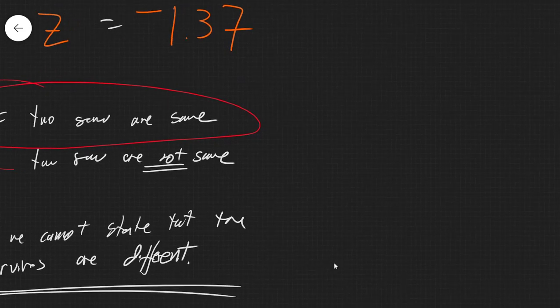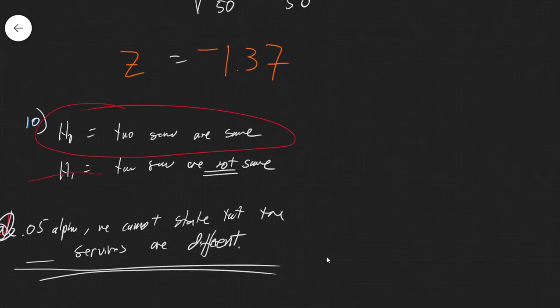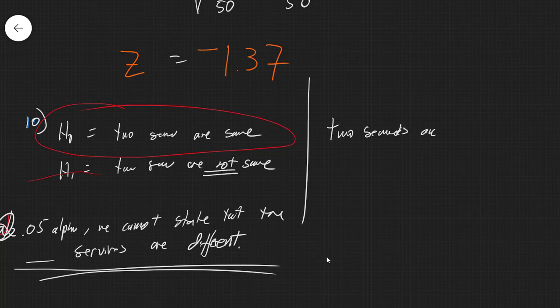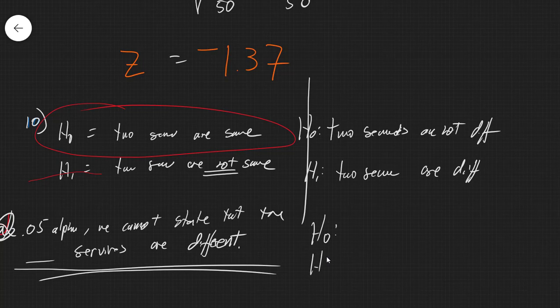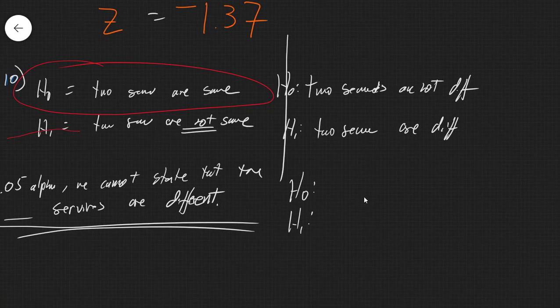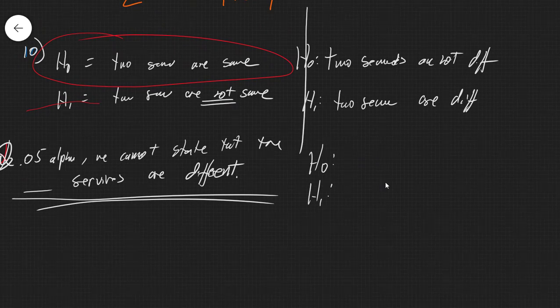One note for the sake of consistency. When I wrote these hypotheses up top, I said the two services are not different as my null, H sub 0. And for my H sub 1, I said the two services are different. And so words are important, and while they mean the same thing and translate the same way mathematically, make sure that you keep an eye on the manner in which you write these, because what you really want to do here, let me write the null.